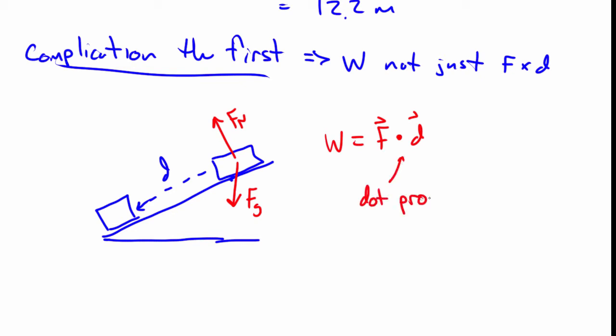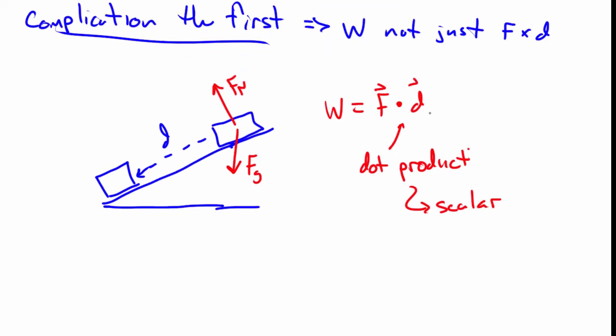And you'll remember that the dot product operation results in a scalar. So when you take a vector and you dot it with another vector, what you get out is a scalar, which is great because, like we talked about, energy and work are scalars.